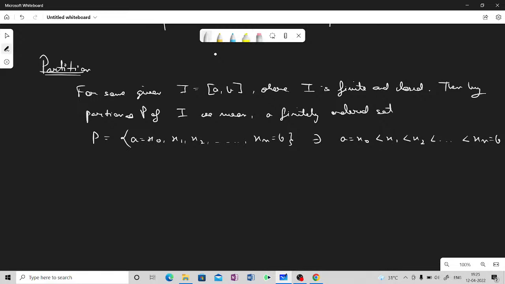Now these points basically break the given interval into n sub intervals. These elements of the partition P break the given interval I into n sub intervals. And why do we need these sub intervals?